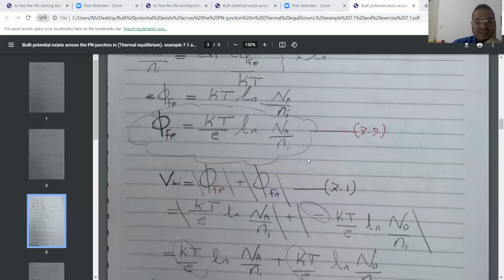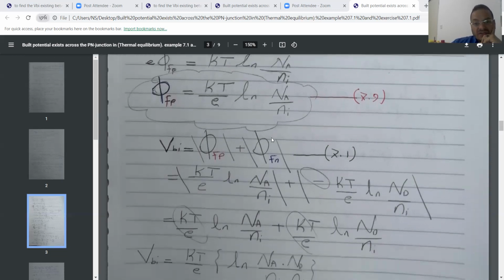After that, we will come back to the general equation, the most important equation for us to calculate the built-in barrier potential at the PN junction. We have these two results: potential for electrons and potential for holes. We just put a plus and add these two equations.